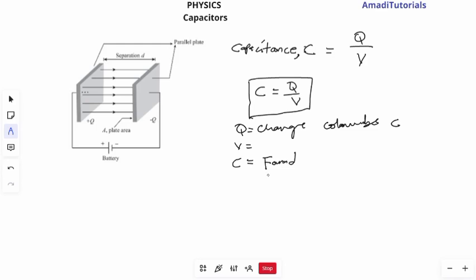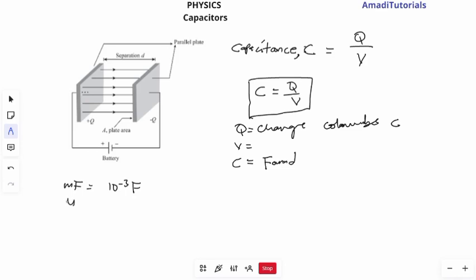However, there are some prefixes that we usually attach to the unit of capacitance, because in practical application, if you have really been into electronics, you find out that when you want to buy capacitors, their ratings are usually in microfarad, nanofarad, and millifarad. The prefix milli, if you say millifarad, means 10 raised to the power of minus 3 farad.